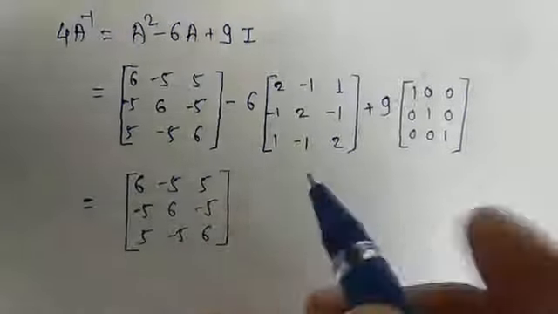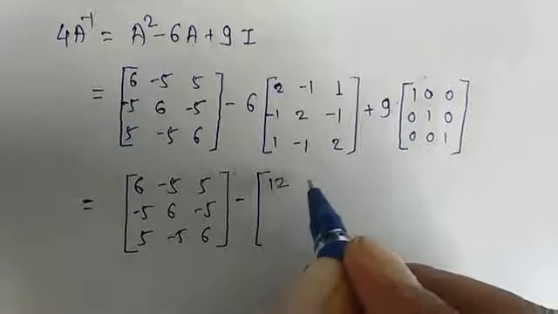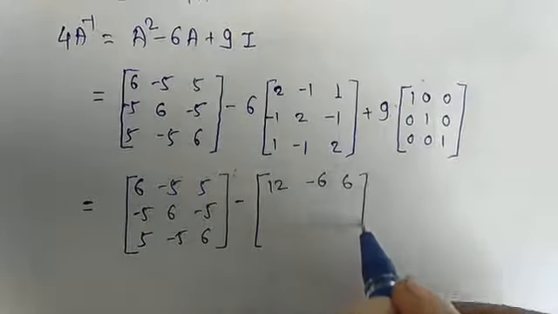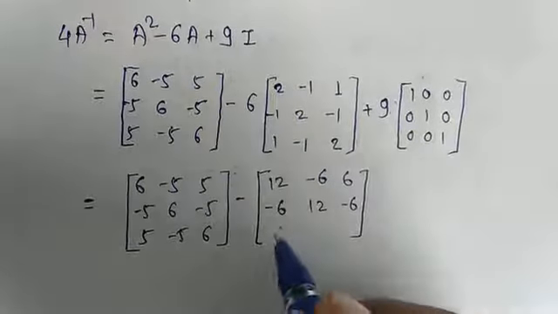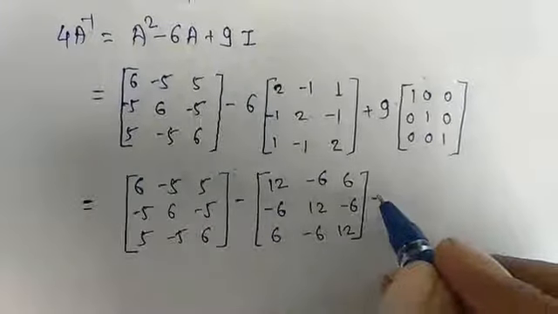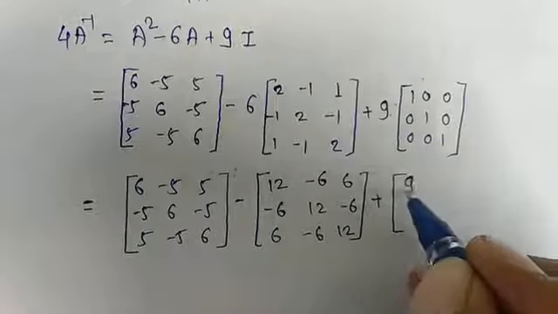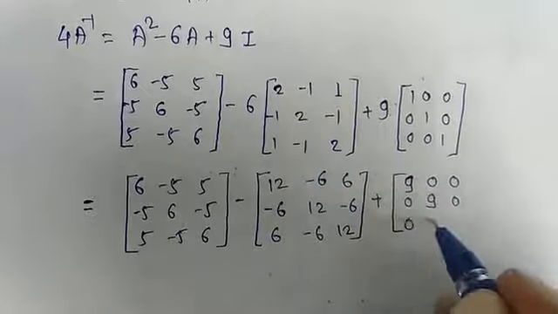We multiply 6 inside, so it gives 6 2s are 12 minus 6 6 in the first row. Second row minus 6 12 minus 6, third row 6 minus 6 12, and last row plus 9 0 0, 0 9 0, 0 0 9.